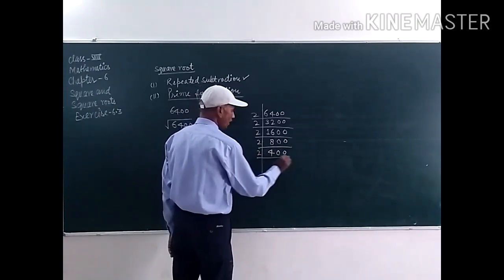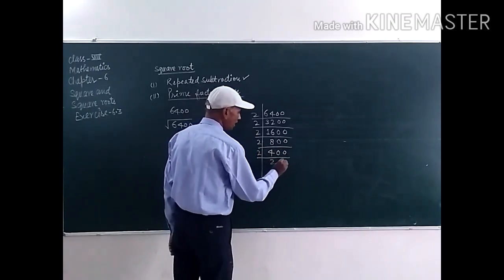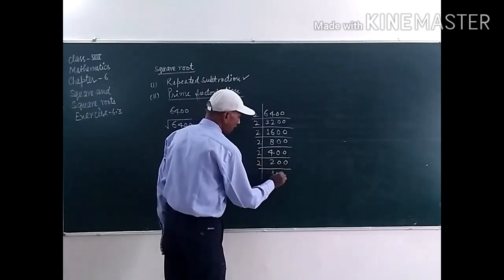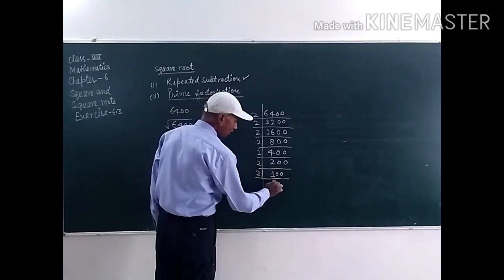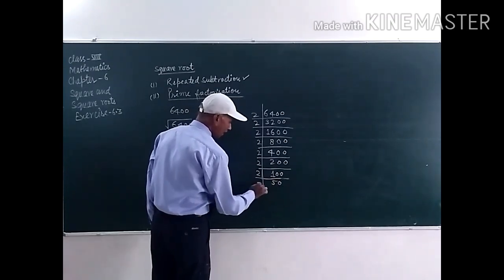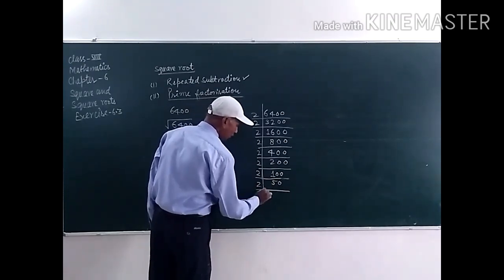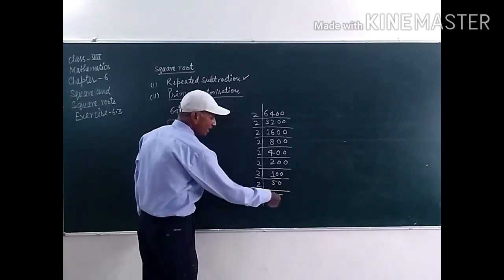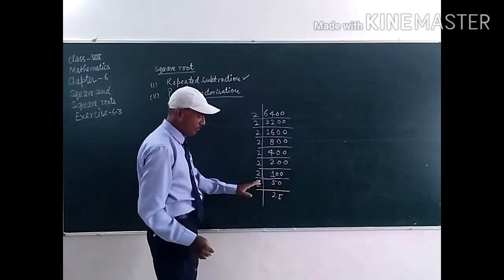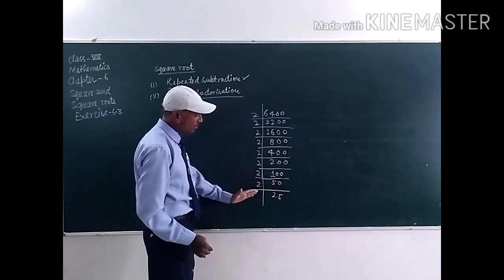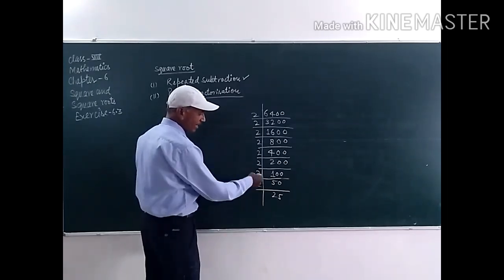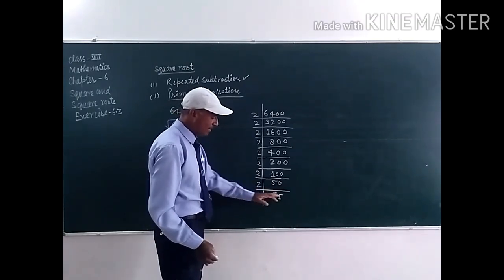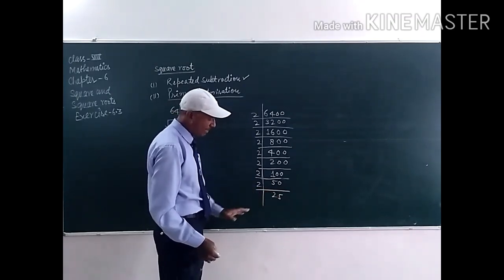Again by 2 it is 200, and again by 2 it is 100, divided by 2, that is 50. Again by 2 it is 25. Now 25 is not divisible by 2. So we have to use the next prime number, that is 3. 25 is not divisible by 3 because it is not a multiple of 3.